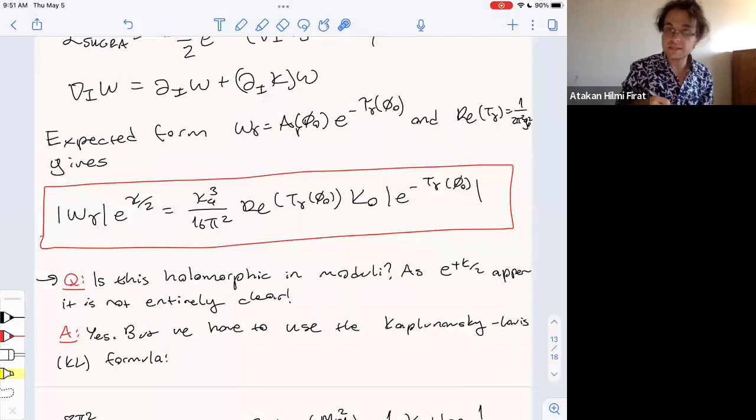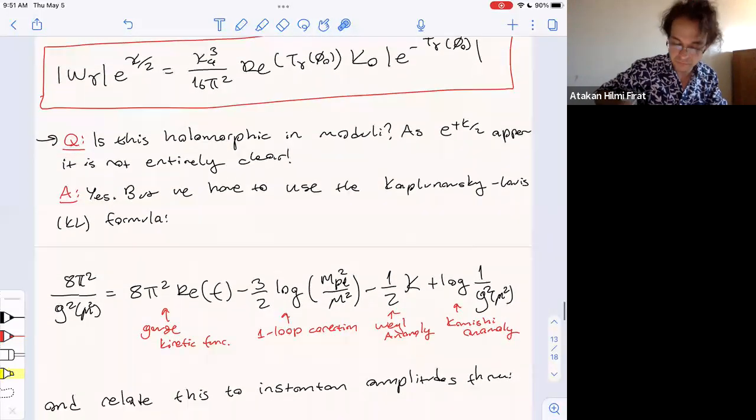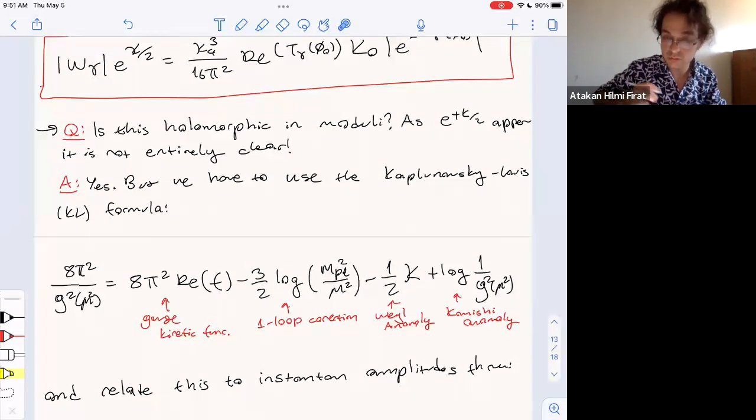It turns out this expression is holomorphic, but we have to use this Kaplunovsky-Louis formula for supergravity and use some facts about the representation of this N equals 2 superquantum homology.